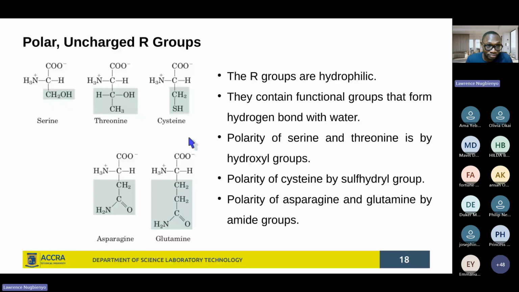And so the fact that they are polar, having these hydroxyl groups, sulfhydryl groups, and amide groups, should tell you that they can form hydrogen bonds with water. And so that's what is going to make them hydrophilic, not like the aliphatic non-polar side chains, which are hydrophobic.